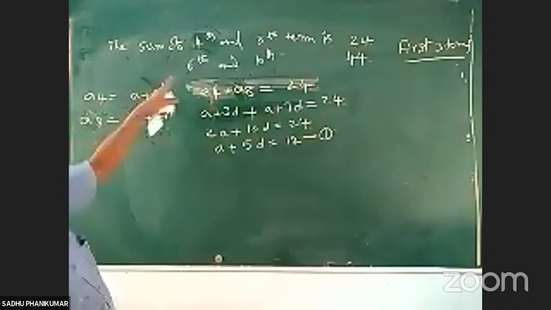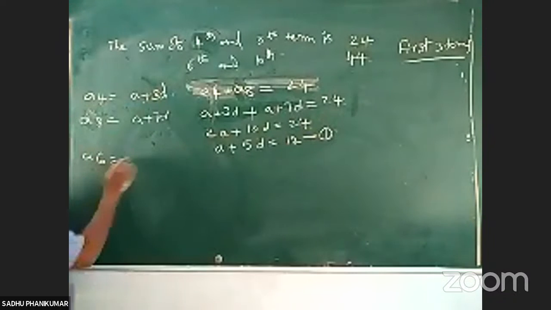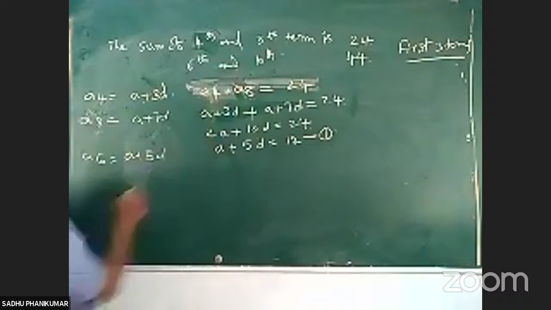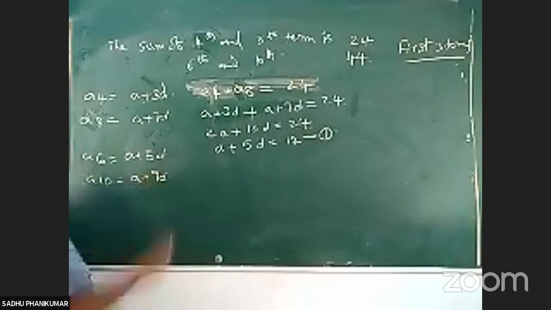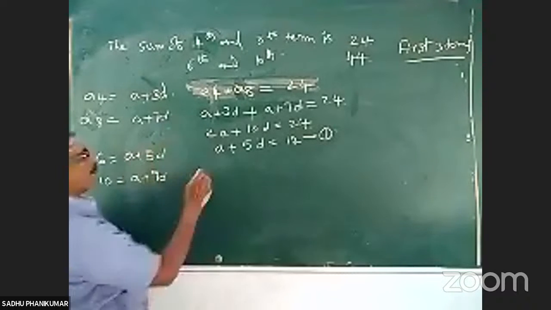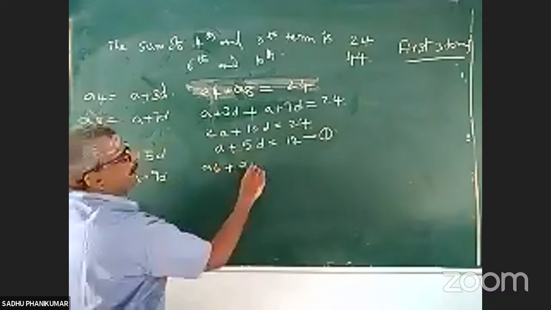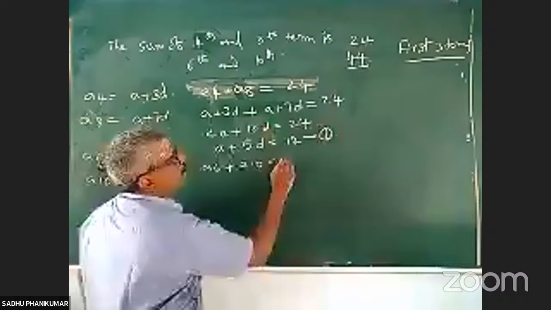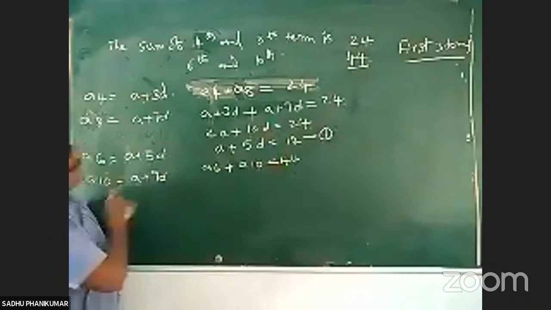The second condition is the 6th and 10th term. So A6 is equal to A plus 5D, you know, and the 10th term, A10, is equal to A plus 9D. A6 plus A10 is given as 44.